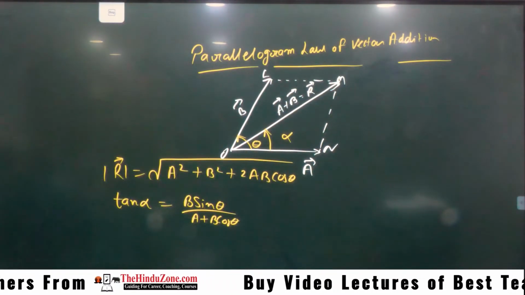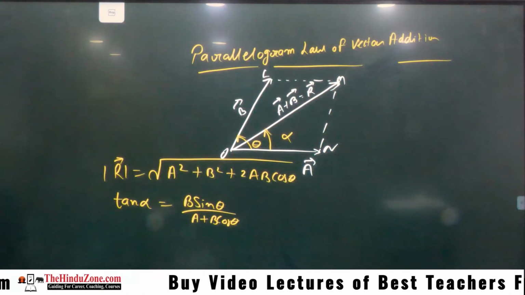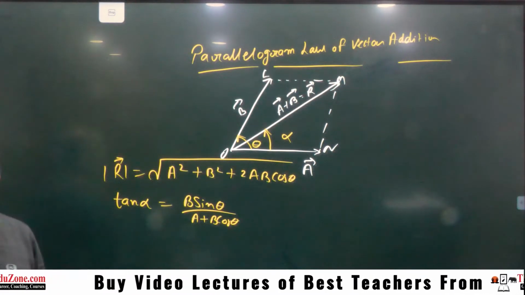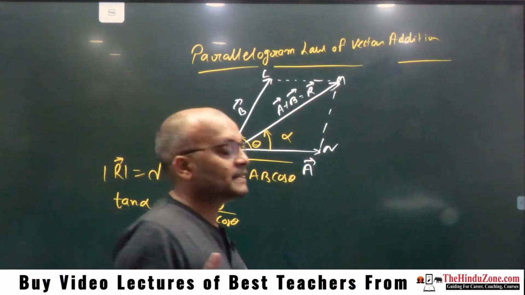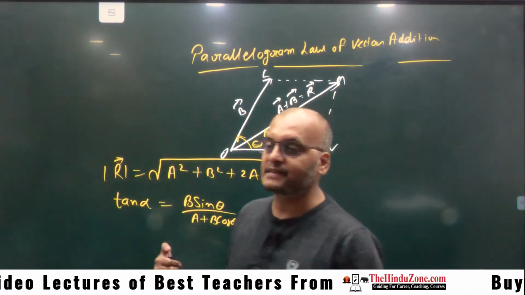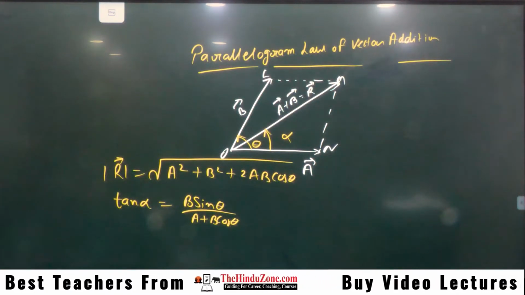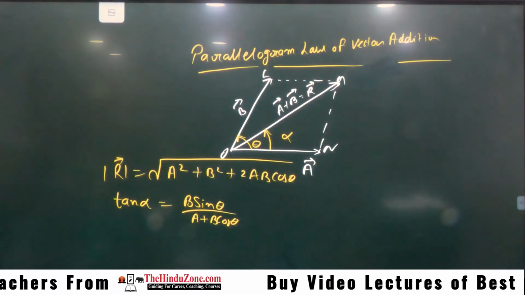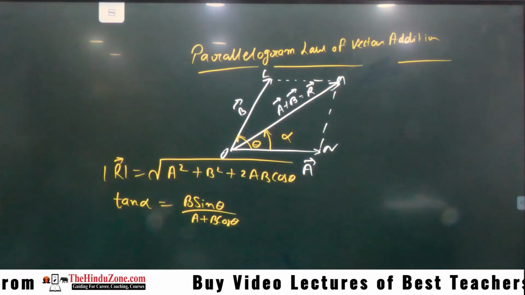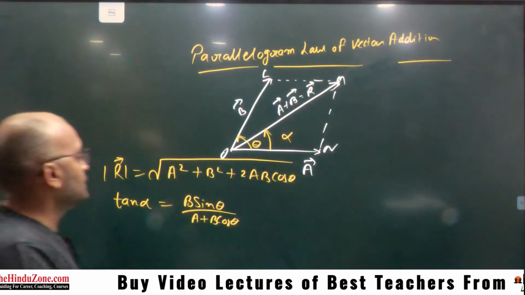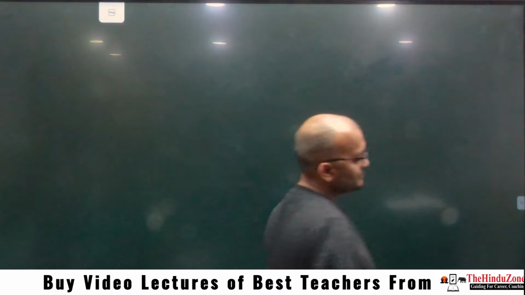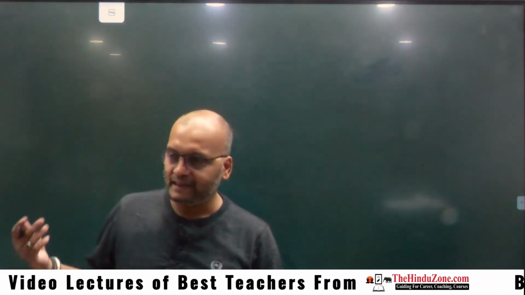Vectors, we have done 75%. So motion in 2D is left, projectile is left, and relative velocity in 2 dimensions is left, and multiplication of vectors is left. तो हो गया. Anyway, वो हम लोग कर लेंगे. We will cover everything.